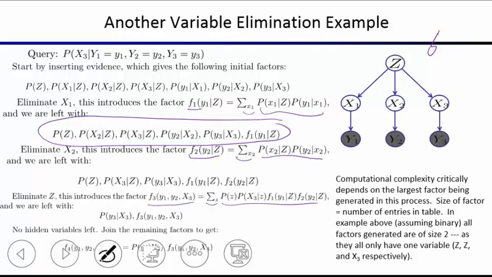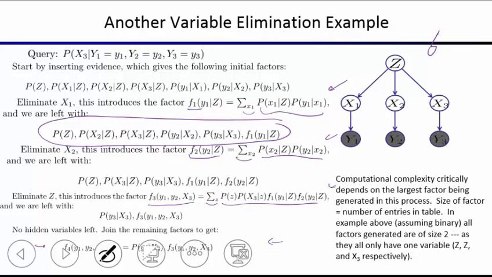All right, so no hidden variables left. We join the remaining factors to get this result here. Then if we renormalize, we get the answer to our query. Now, how expensive this all is will depend critically on how large the largest factors that we generate in the process are, right? So we generate a factor here, we generate a factor here, we generate another one here, and then one at the end here.